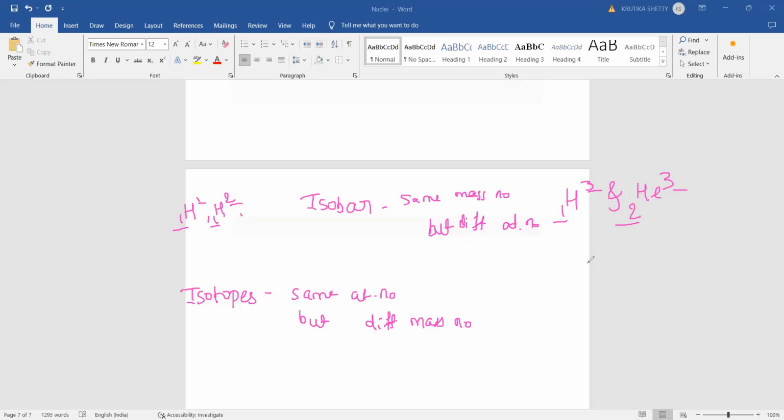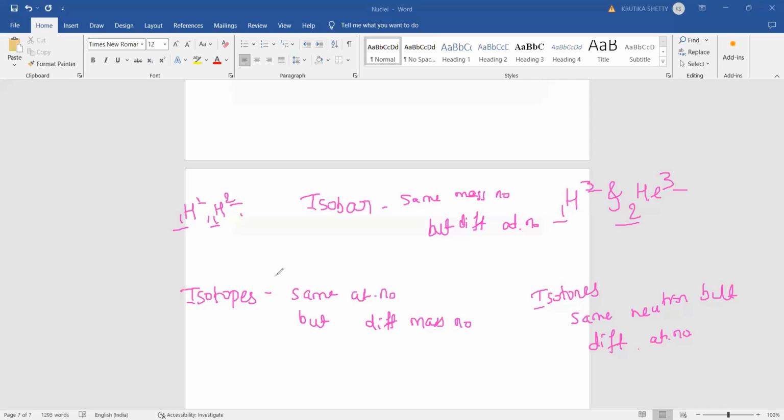Here we have the next one, called the isotones. What do you mean by isotones? These are the nuclei having the same neutron number but different atomic number.